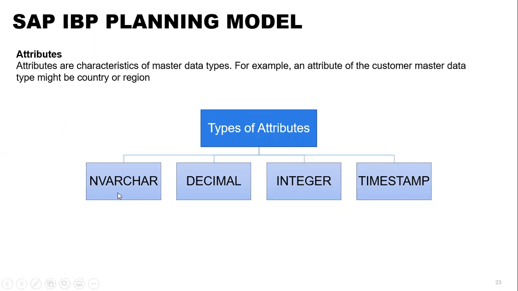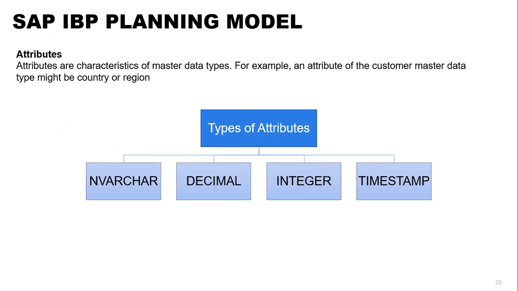Then decimal is for values like 1, 2, 3, 4, or 0.5. In those cases, you will go for decimal. Integer is the exact number. The timestamp is, for example, the transportation lead time, or transportation hours from one location to another location.